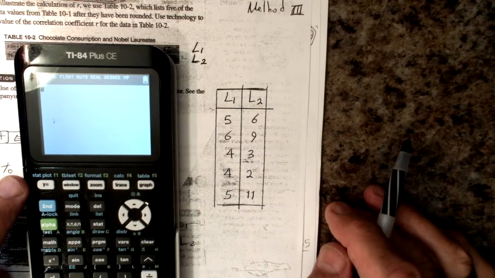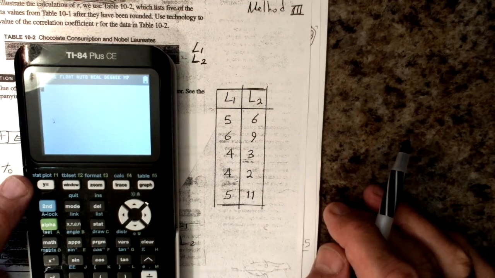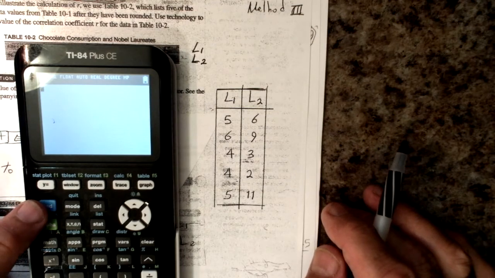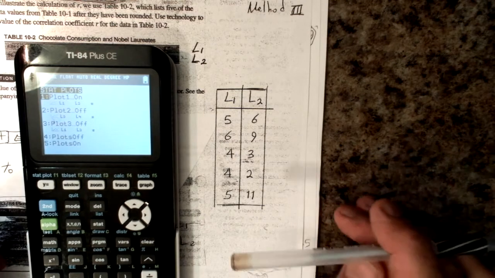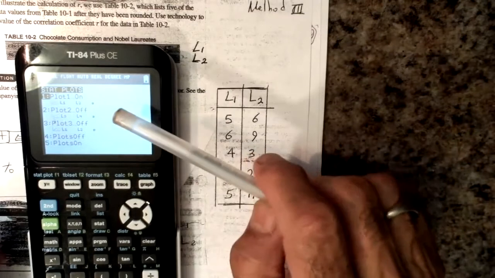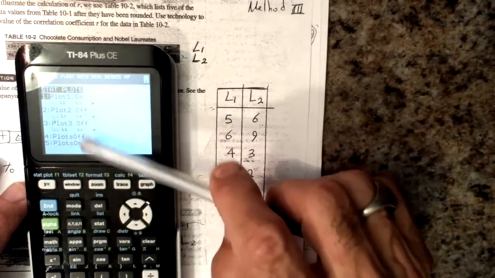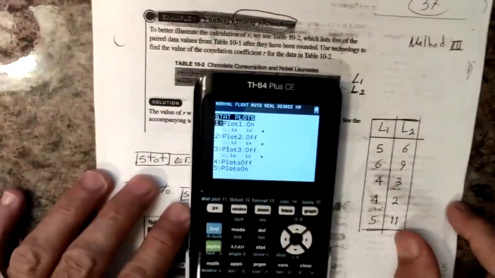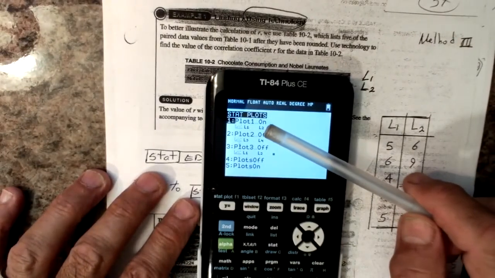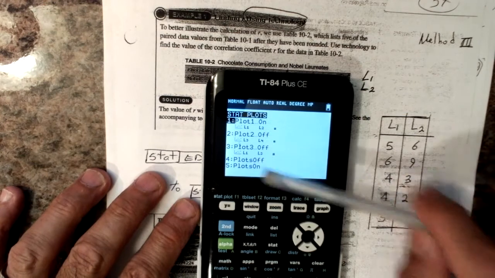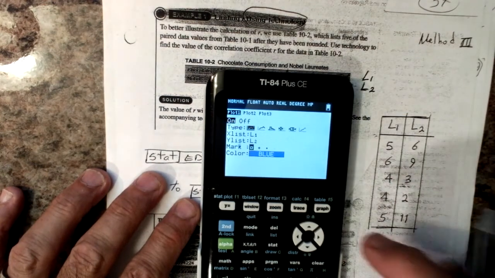You see that here is stat plot, which is the blue one. So you go to second and press that. You want to make sure that in the beginning, all of these are off. You're going to have the first one on. I already turned it on.